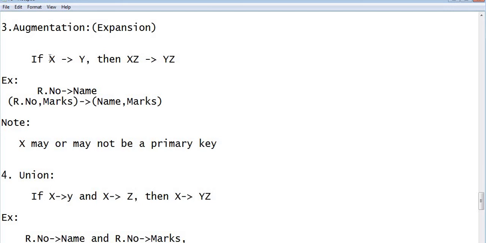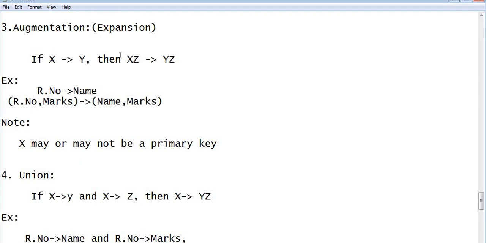You can ask whether X must be a primary key in all relations. It means, must we take only a primary key to check the functional dependency in the relation? No. X may or may not be a primary key. For example, in this relation, roll number is a primary key. That is for a single attribute.